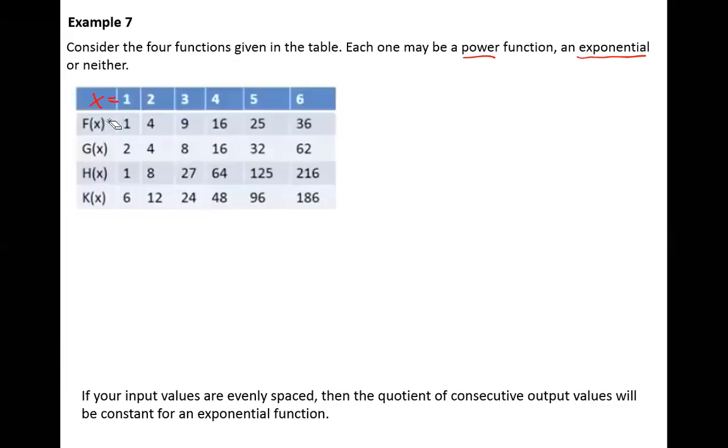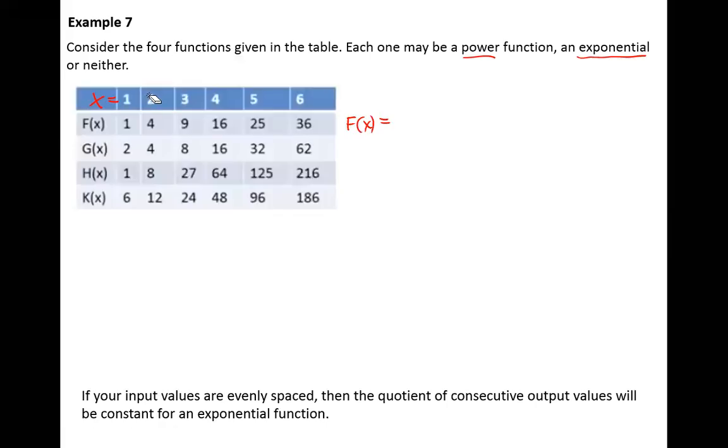Let's look at the function f of x. For 1, it's 1. For 2, it's 4. For 3, it's 9. For 4, it's 16. Do you see the pattern? What's the formula?